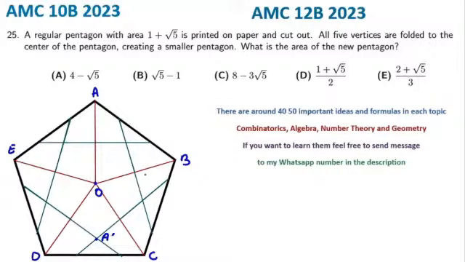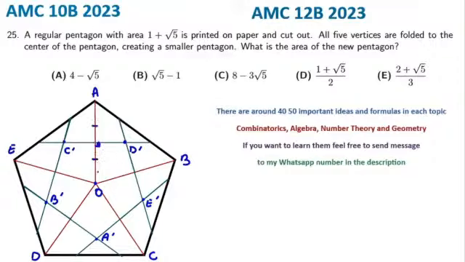Okay, so for example, you consider A prime, B prime, C prime, D prime, E prime. And we know it is like this.